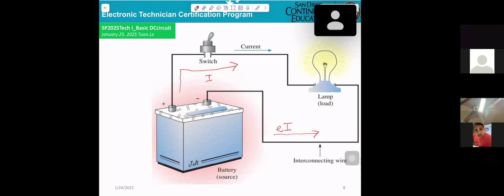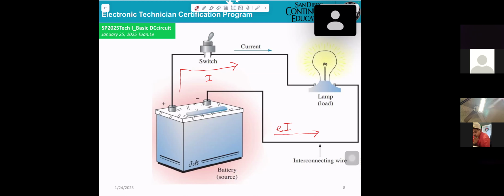Okay, that's the conventional current. That's what they use. Even though both currents are the same thing. Electron moving creates the current. And when we're talking about electronics, conventional current will be flowing from positive to the negative.